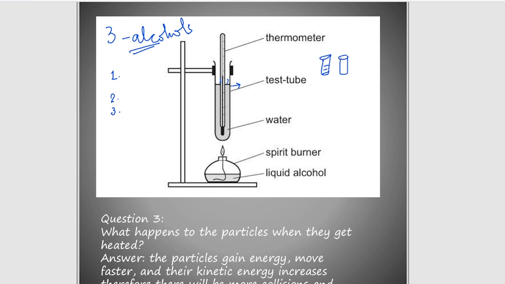For example, I do not remember the names, for example ethanol, propanol and butanol. How will we find out which one is ethanol, propanol and butanol? First we will note down the boiling point, then we will start boiling. If the substance matches its respective boiling point, then we will identify which substance is present. So this is the way through which you will all learn very well.